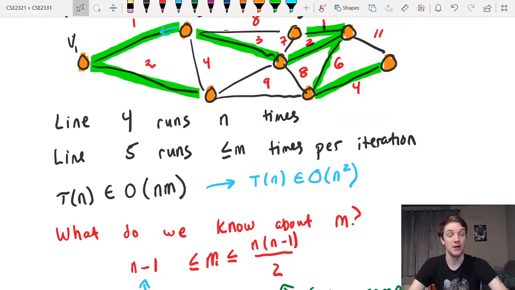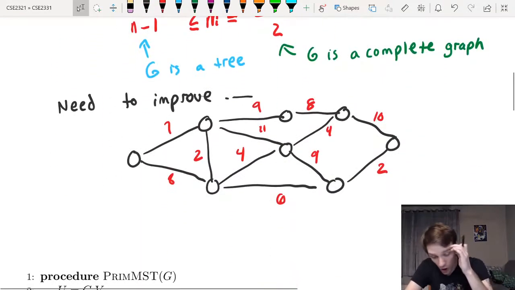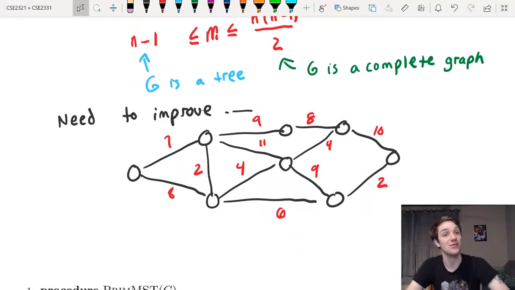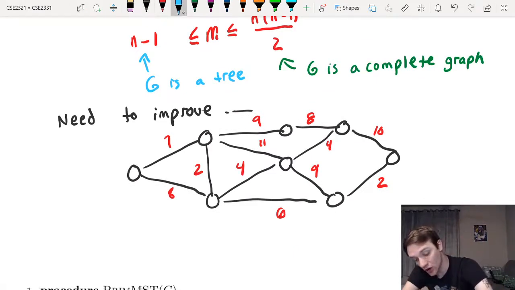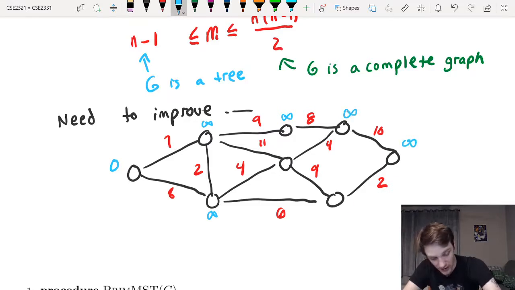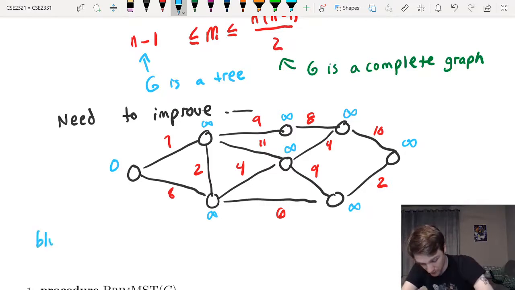So we're going to get around this by storing some of that information that we're processing every single time. So what we're going to do is store a cost at each vertex. We're going to initialize this by saying the cost at the starting vertex is 0 and everywhere else is infinity. This blue thing corresponds to a cost of adding the node. So the blue equals cost of adding vertex.